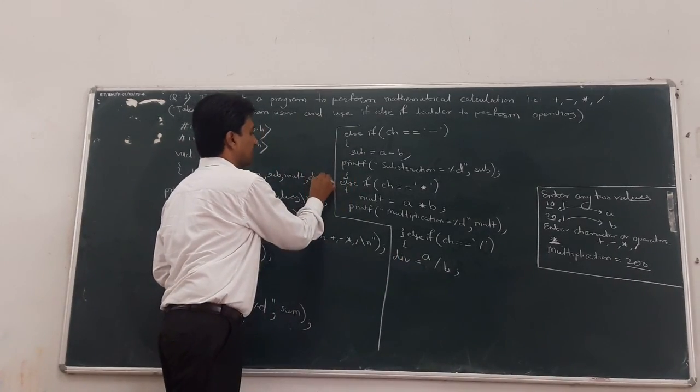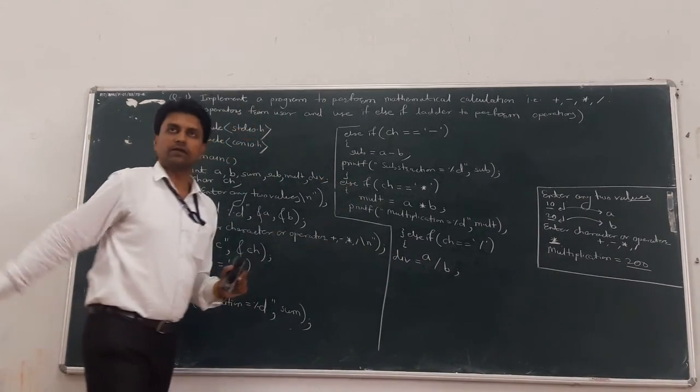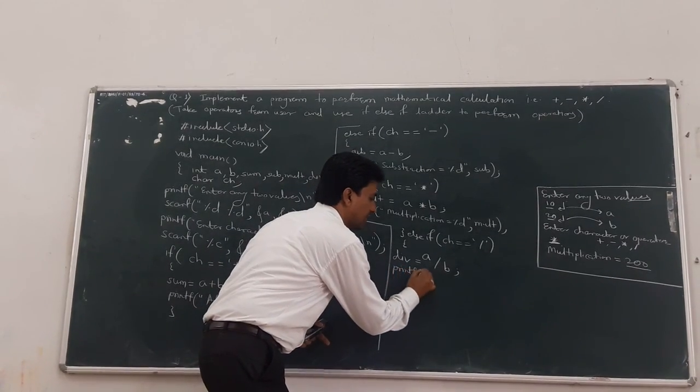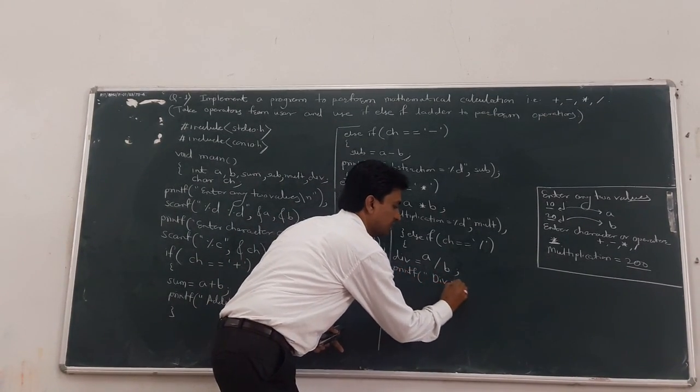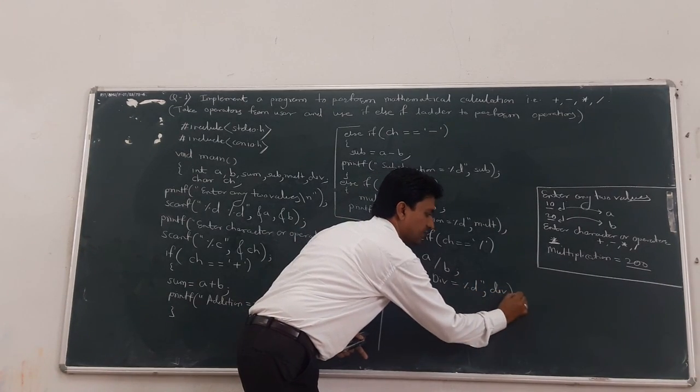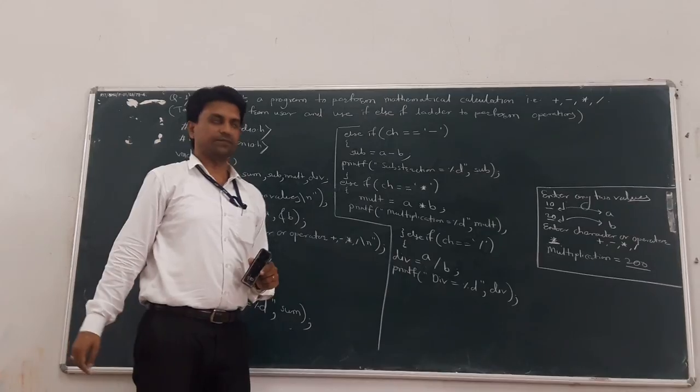So write division here. Clear? So after that, printf division is equal to percentage d double quotes complete division variable name semicolon.